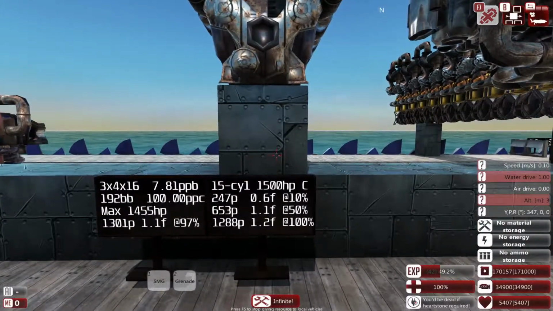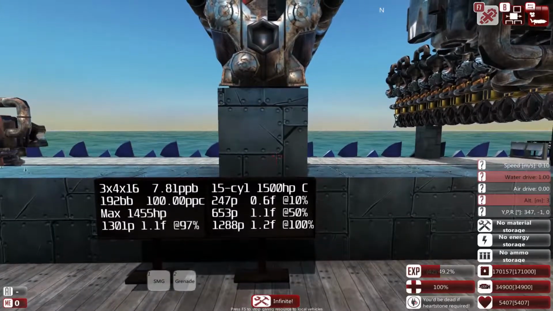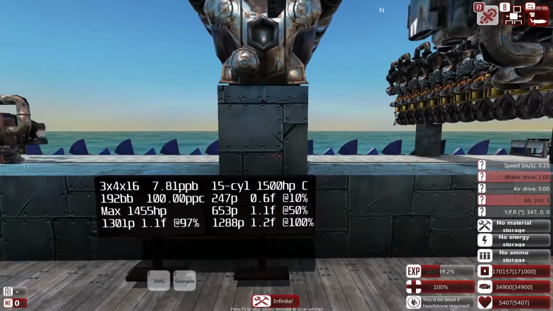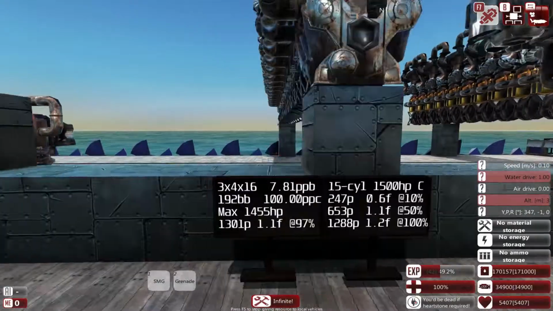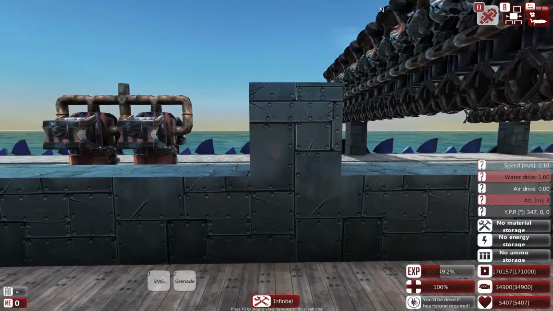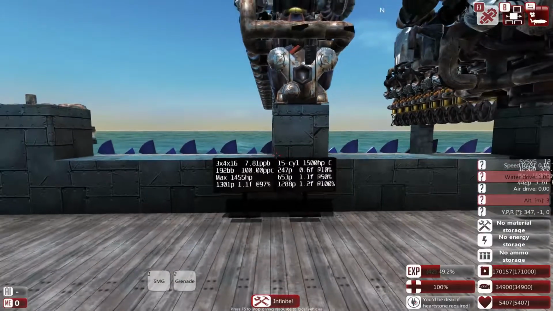So again, 99% is the most efficient. It's the most powerful, the most dense, and the most fuel efficient, because running at 35% over here is using 1.1 fuel, and using 99% is 1.1 fuel.